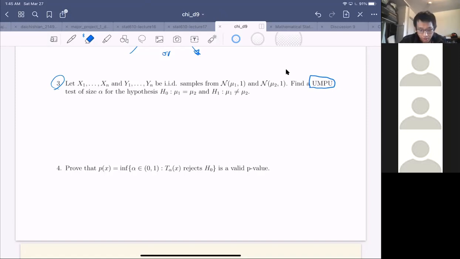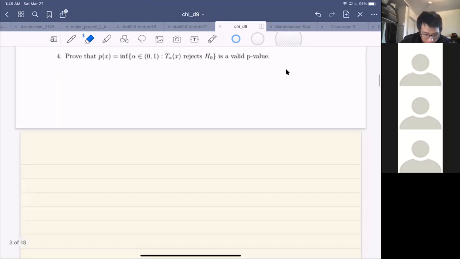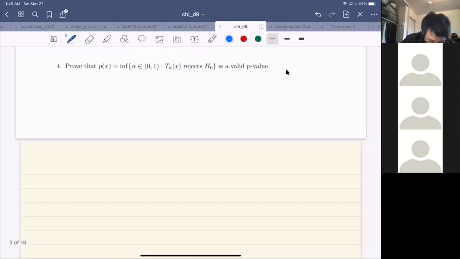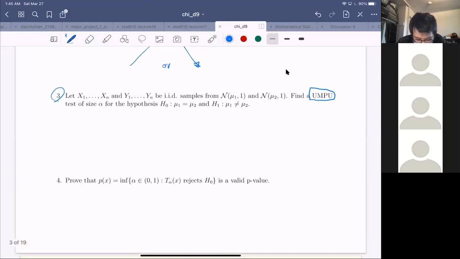Okay, let's go through question 3. We have n data from this distribution and another n samples from this distribution.